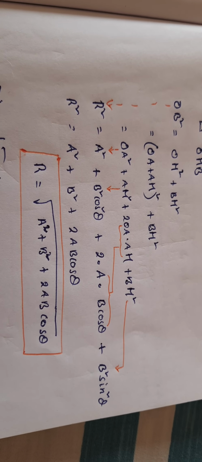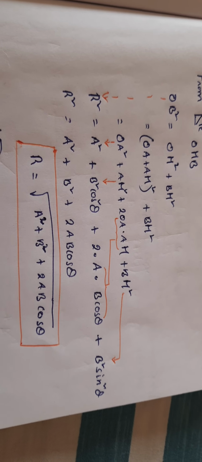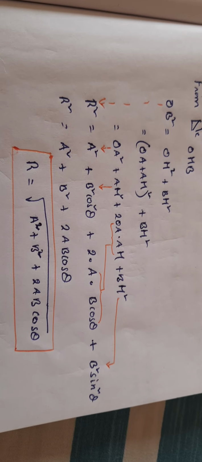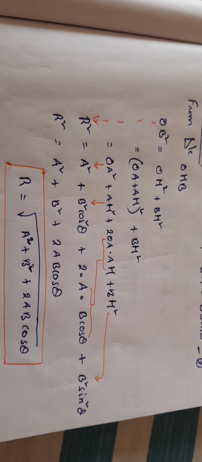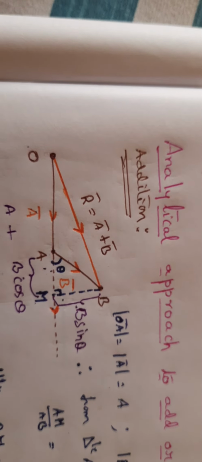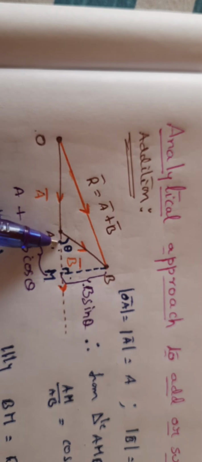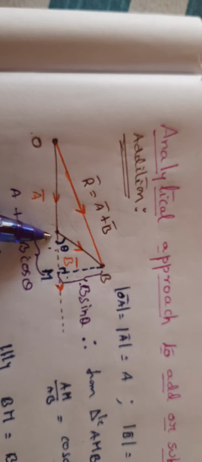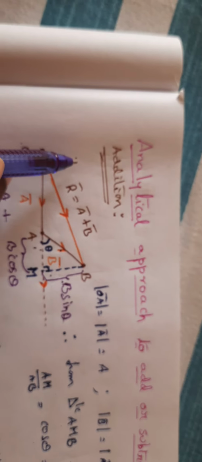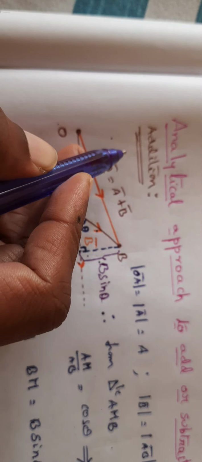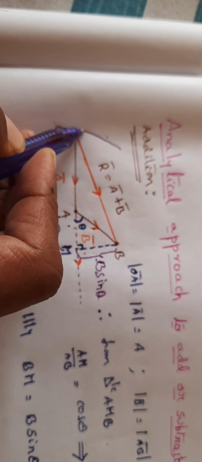Now let's go back and see the same diagram, how we are going to convert it into a parallelogram. Yes, this is your diagram, right? So where A bar and B bar are given like this. Now if you just draw a line which is parallel to B bar, so let me draw it exactly parallel to B bar.